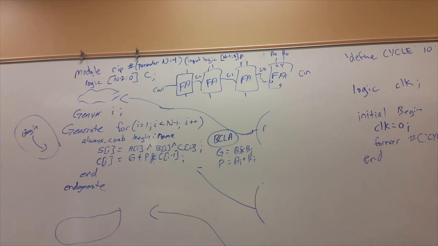Cycle time divided by 2, half the period, so it's a 50% duty cycle for my clock. Is this good? It's legal code. Forever just means keep doing this thing. So this is just a forever loop, and it waits half a cycle time and flips it. Totally legal. What happens at time 0?